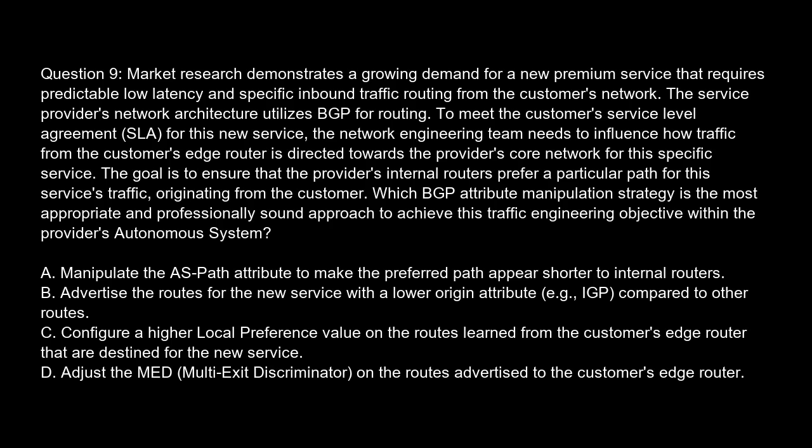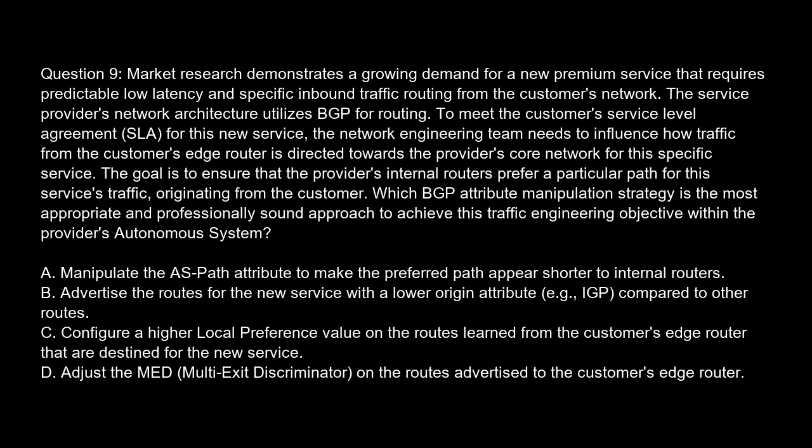The goal is to ensure that the provider's internal routers prefer a particular path for this service's traffic, originating from the customer. Which BGP attribute manipulation strategy is the most appropriate and professionally sound approach to achieve this traffic engineering objective within the provider's autonomous system?